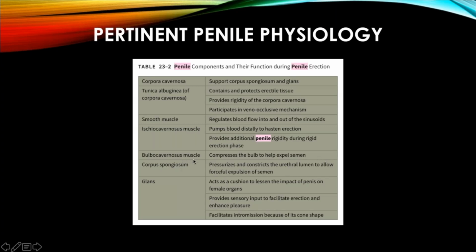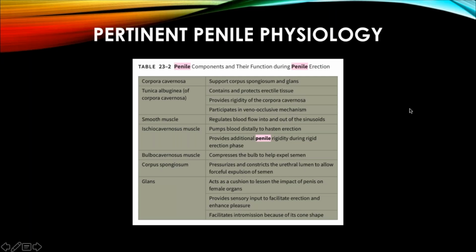The bulbar cavernosus muscles compress the bulb and help expel semen with orgasm. The corpus spongiosum pressurizes and constricts the urethral lumen to allow forceful expulsion of semen and to some degree urine. The glans penis acts as a cushion to lessen the impact of the penis on the female organs, provides sensory input to facilitate erection and enhance pleasure, and facilitates intromission because of its cone shape.